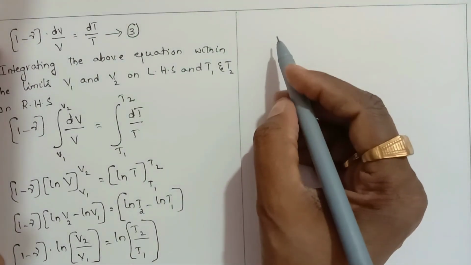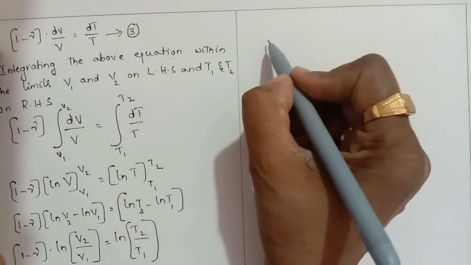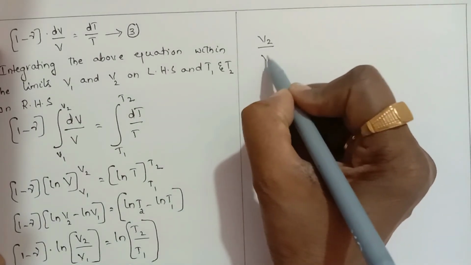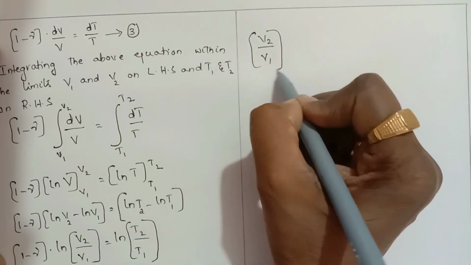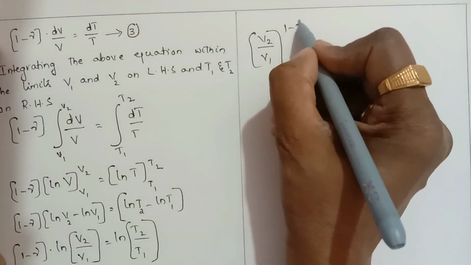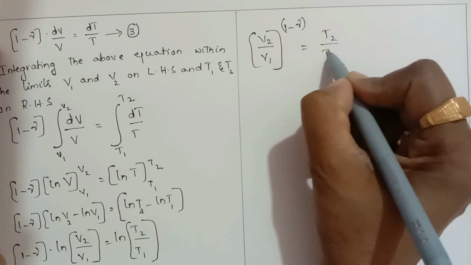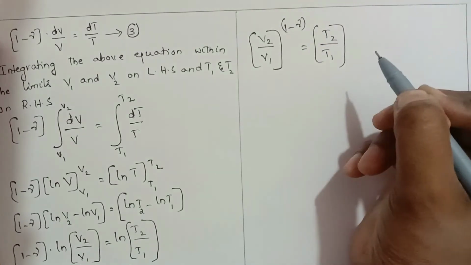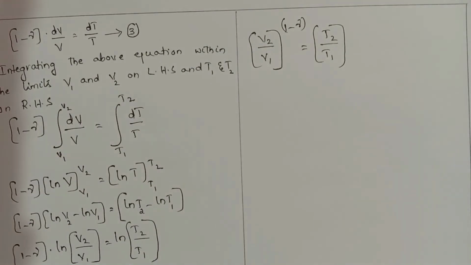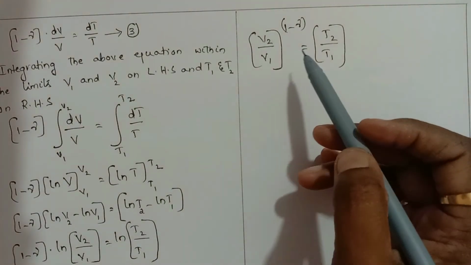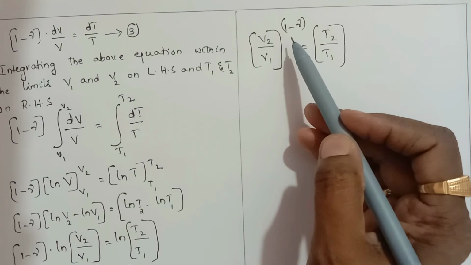So, I am writing here: V2 by V1 to the power 1 minus gamma is equal to T2 by T1. In the power expression, we have 1 minus gamma.